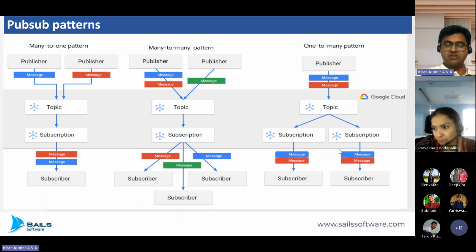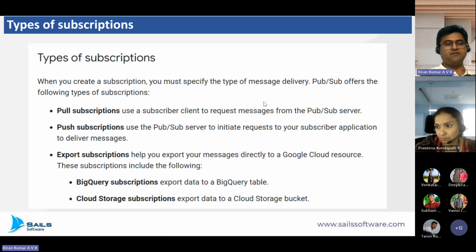So team, any other questions? Okay. So we can see the types of subscriptions. There are these four types of subscriptions that PubSub actually supports: pull subscriptions, push subscriptions, and export subscriptions, so BigQuery subscriptions and cloud storage subscriptions.